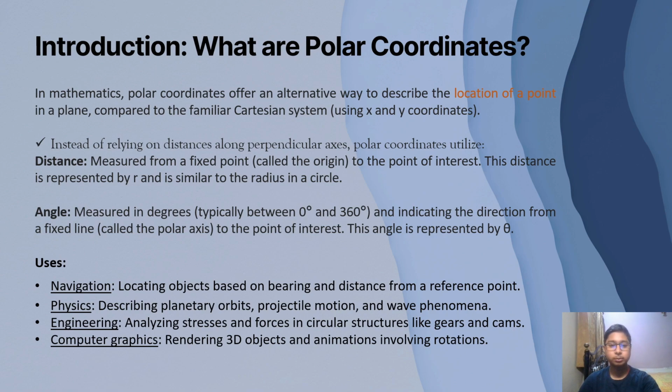Certain physical phenomena: problems involving forces emanating from a central point, like electric fields, can be conveniently analyzed using polar coordinates. Polar coordinates find applications in various fields including navigation, physics, engineering, and computer graphics. We'll be talking about these points in detail in further slides.